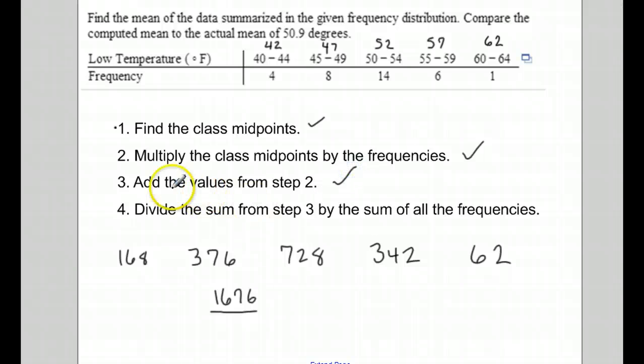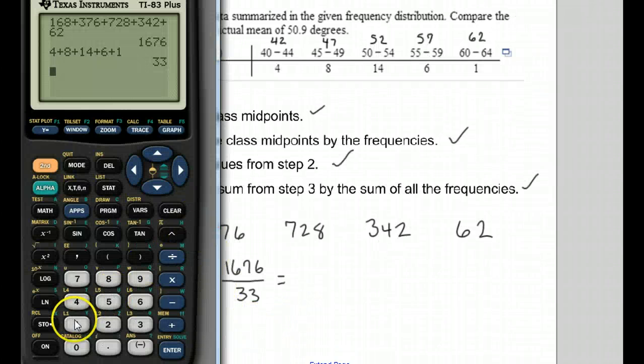So there's the values added from step 2, and then I'm going to take those values and divide by the total of the frequencies. That's going to give me my mean of the frequency distribution. Okay, 50.79 to 2 decimal places.